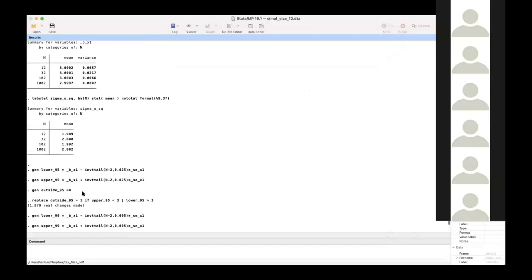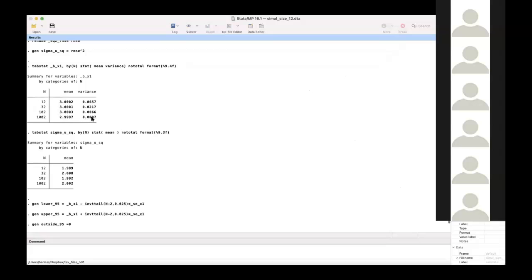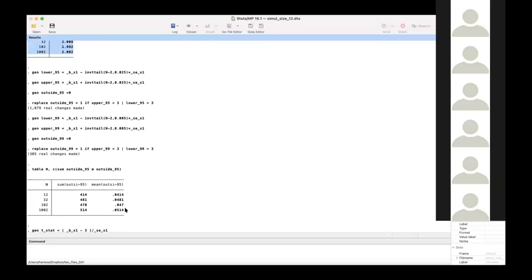So, first thing, here are our means and our variances of the beta hat 1, and those correspond very, very closely to what our theoretical predictions were. Here we had a theoretical prediction of 2, we got a little above, a little below. Here's our 95% confidence interval. I did the 95 and the 99.